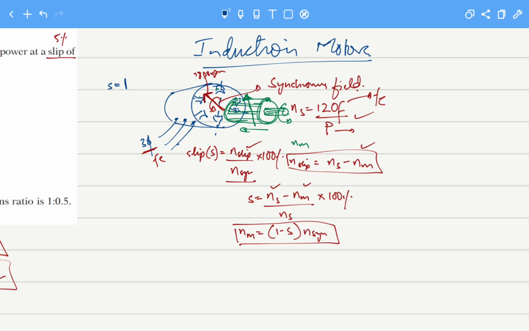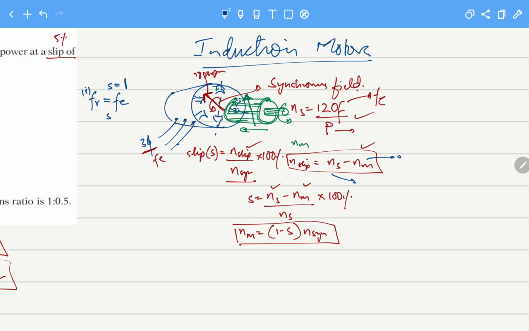From the formula you can see that synchronous speed is maximum and mechanical speed is 0, so the slip is 1. When the slip is 1, the frequency induced over the rotor is equal to the electrical frequency.